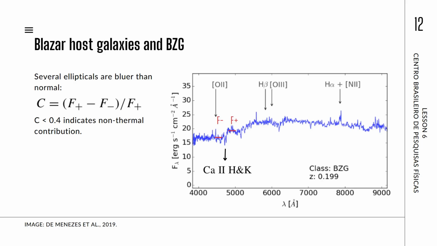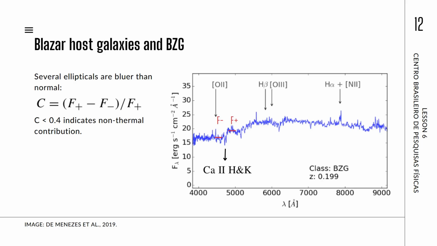We see that this galaxy, which looks like an elliptical up to here, suddenly has some blue continuum, which is quite high. And we do a clever, very straightforward trick here. We simply measure the flux before and after the break and measure this coefficient. If it's below 0.4, it indicates that we have a significant non-thermal contribution.